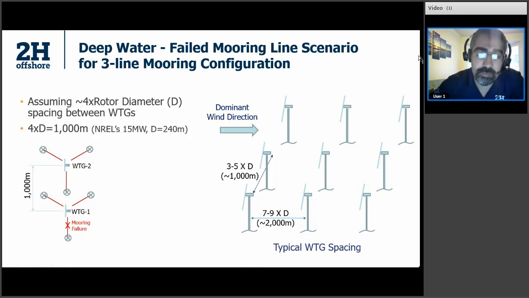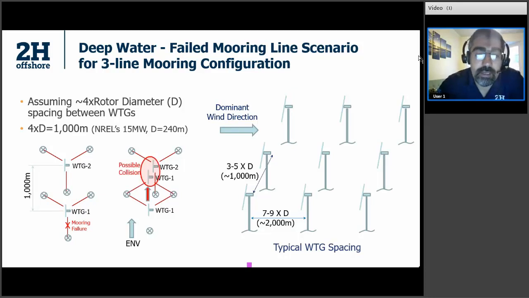You just need a little bit of excitation on the foundation. You can start to have big offsets. And even with small environment, you can have potential collision with the neighboring foundation.